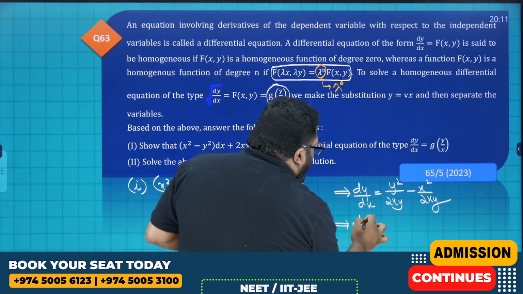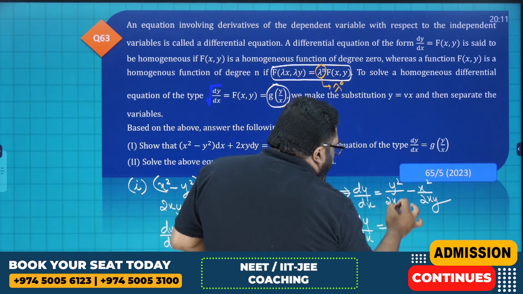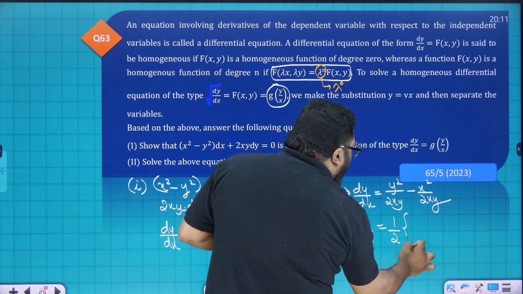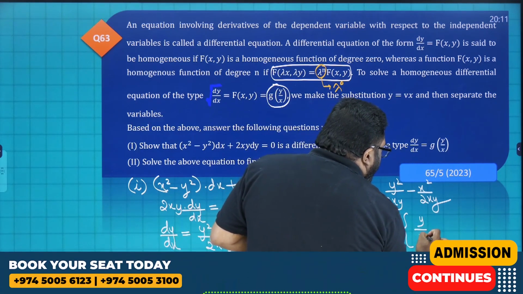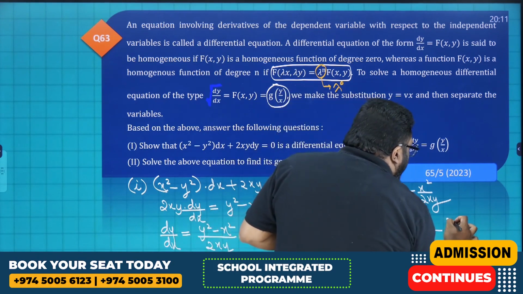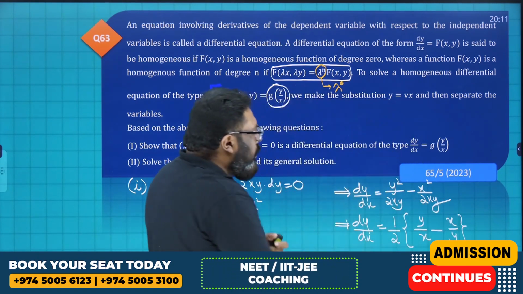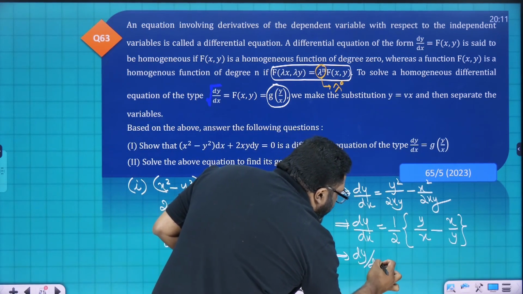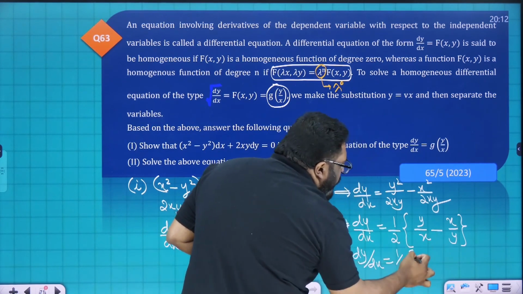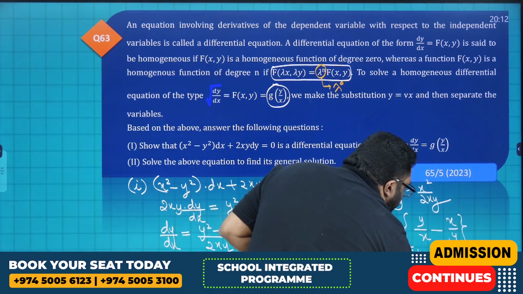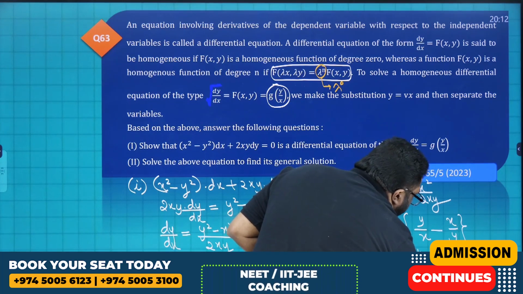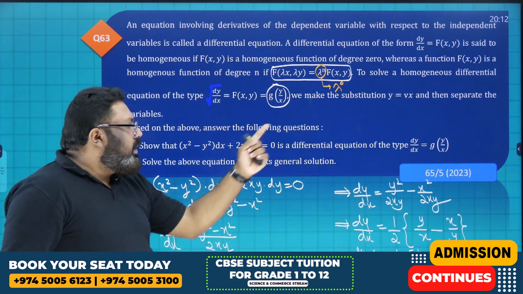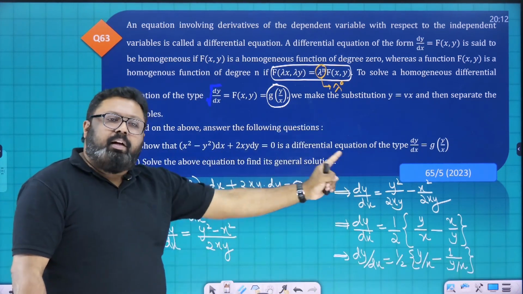That is going to be dy by dx is equal to, or I can say, half common out, y by x minus x by y. I just took half out, y by x minus x by y. So finally, one more step I can show. dy by dx is equal to half into y by x minus 1 by y by x. See, I have expressed it in the form of y by x. That's what they're saying: show it like a function of y by x. Answer over.